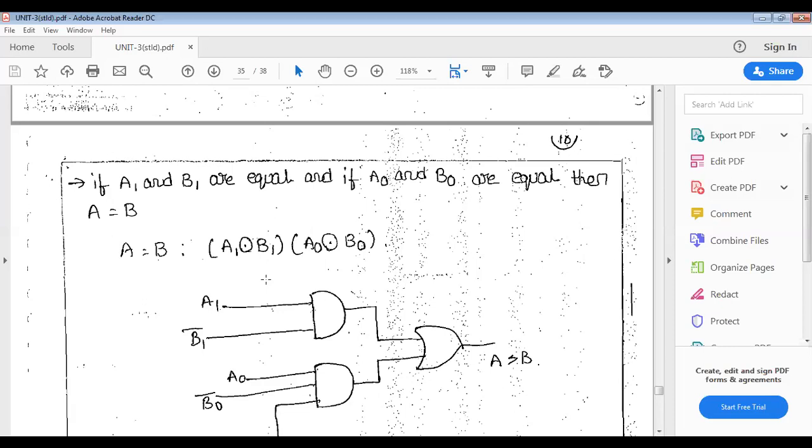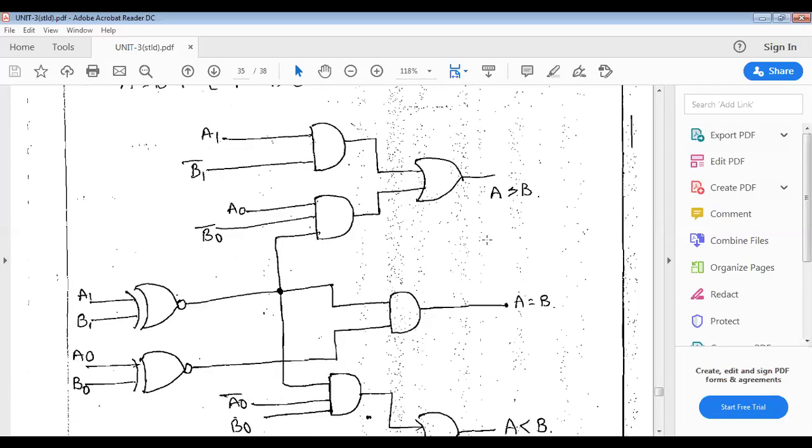If they are not equal, it is not the greater than. If these two are equal, then we go to the other bits, comparing which is greater and which is less. If both are equal, you use an AND of A1, B1 and A0, B0, and both use the exclusive NOR operation.